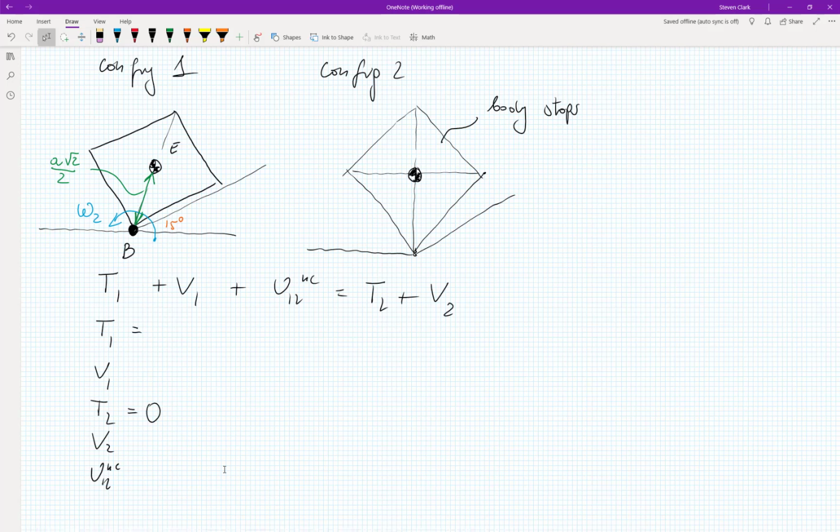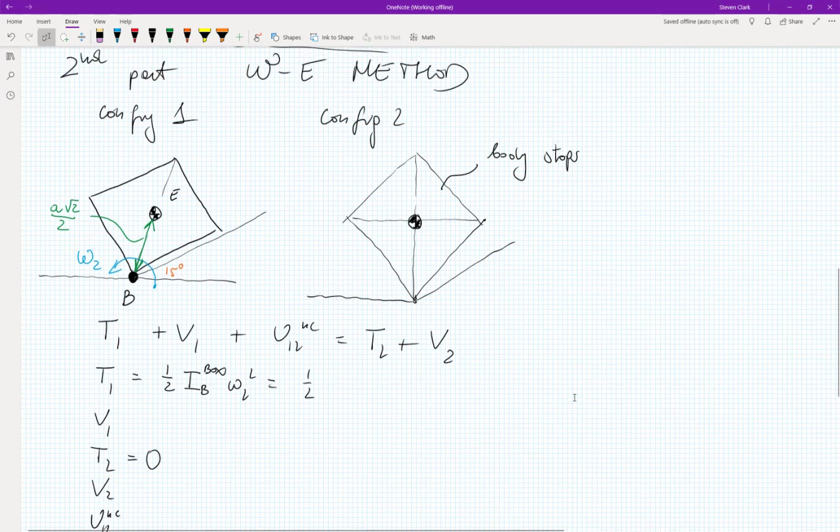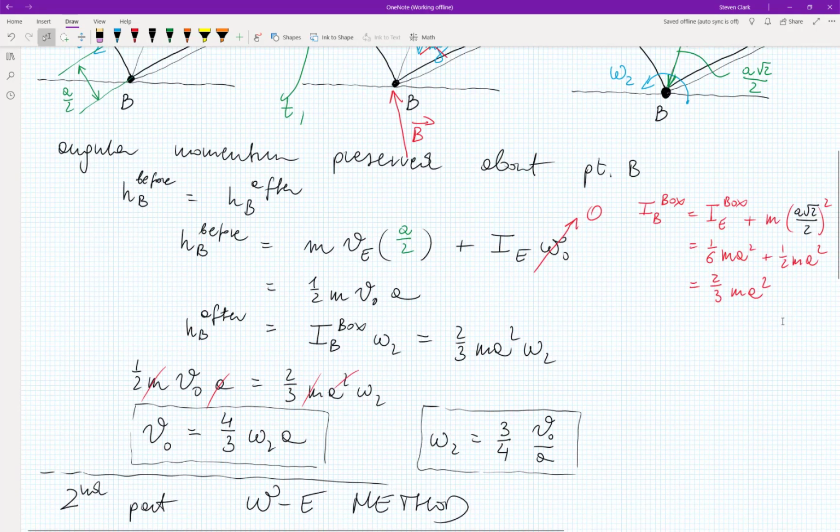How about T1? Okay, body pivots about B, so I can go for this expression. 1/2 I_B box omega-2 squared. And I think that I_B box was found by us already. Let me scroll up the board. Oh, here.